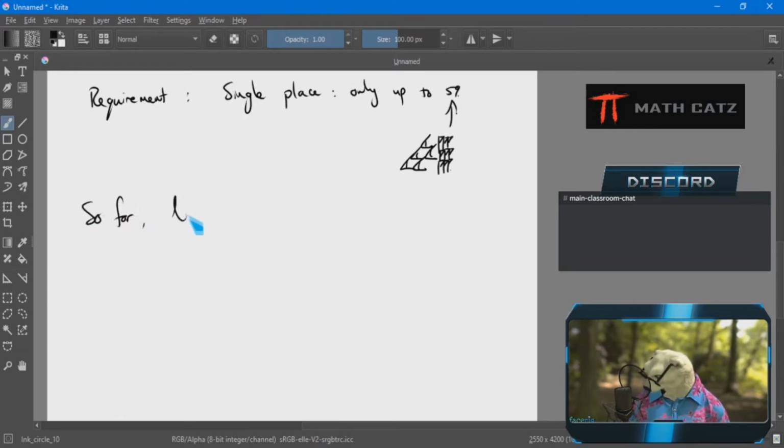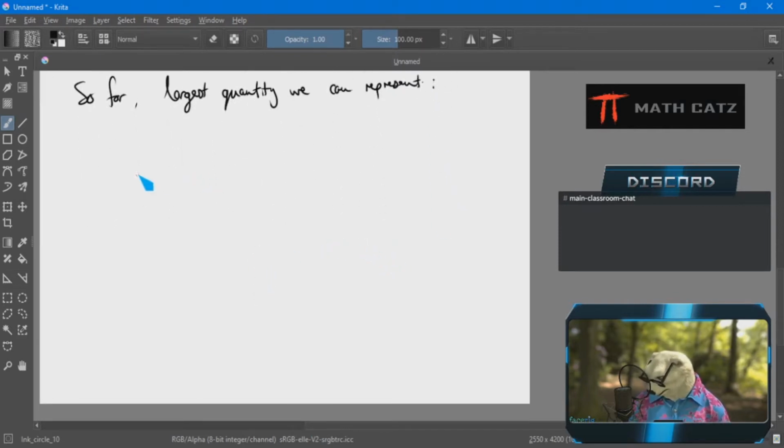59. So far, the largest quantity we can represent is going to be 59 groups of 60, a two-place number. 59, let me draw my ones here, space, and another 59, because in any single place, that is as high as I can go.